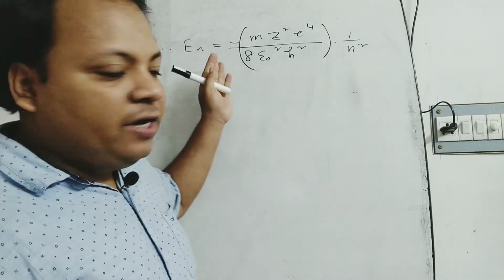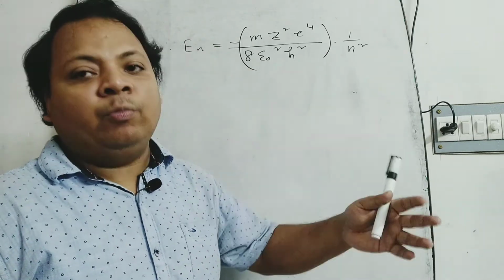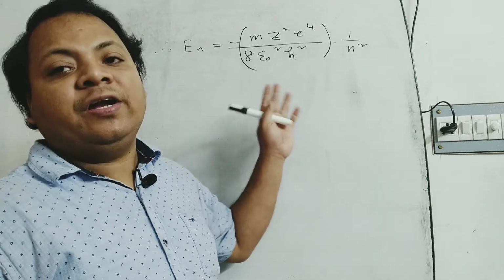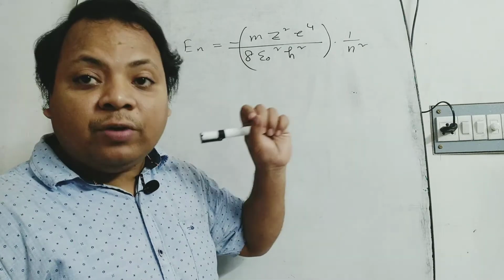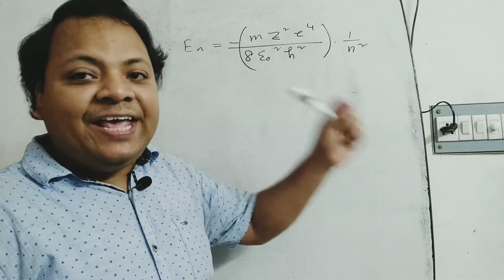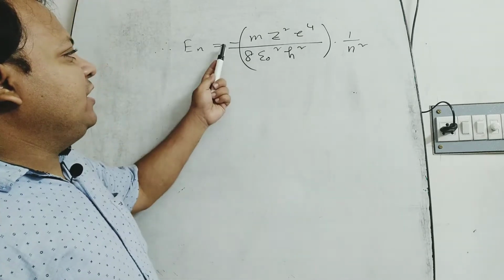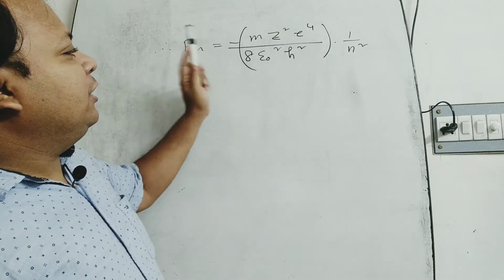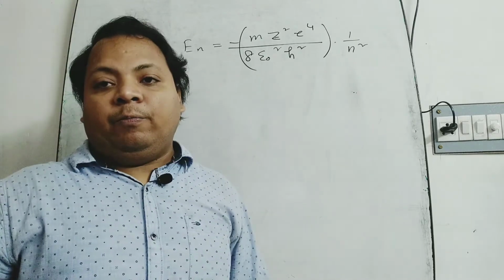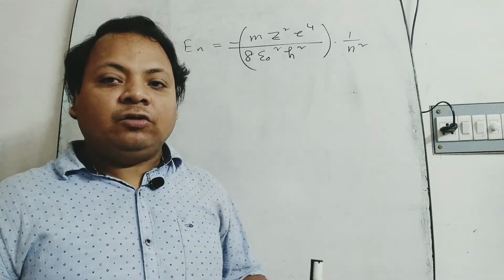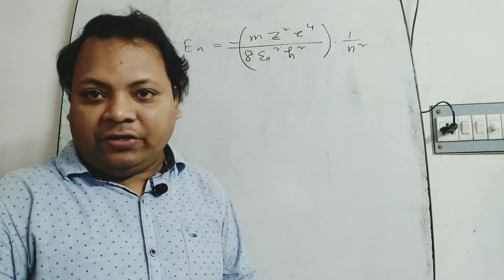This is the final expression of the energy, or mechanical energy, of an electron in the nth orbit. The minus sign denotes the attraction force between the nucleus and the electron.